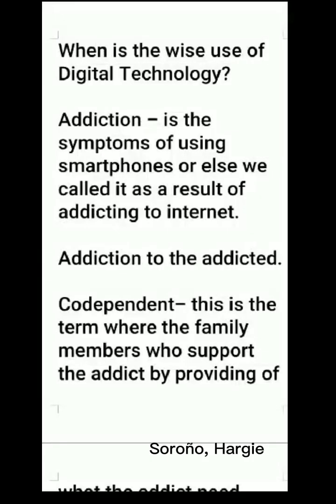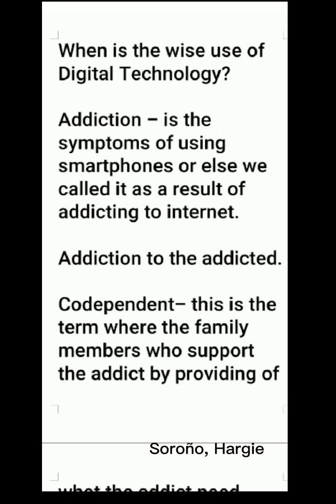When is the wise use of digital technology? For example, 20-year-old Nicole says, "I hate to say it, but my cell phone and I are best buddies. I make sure it is close by at all times.